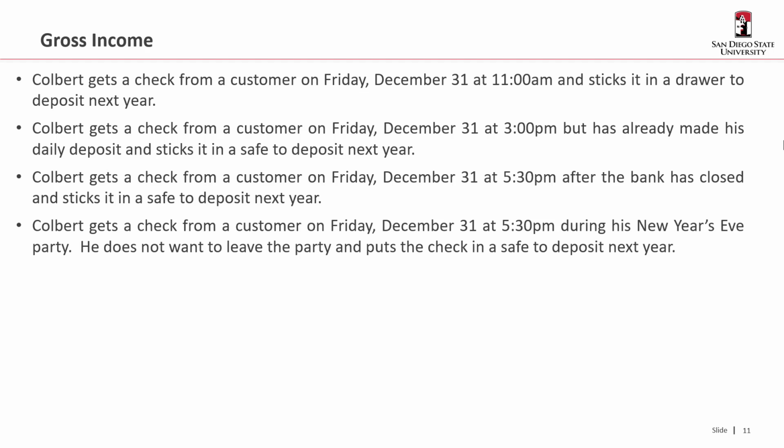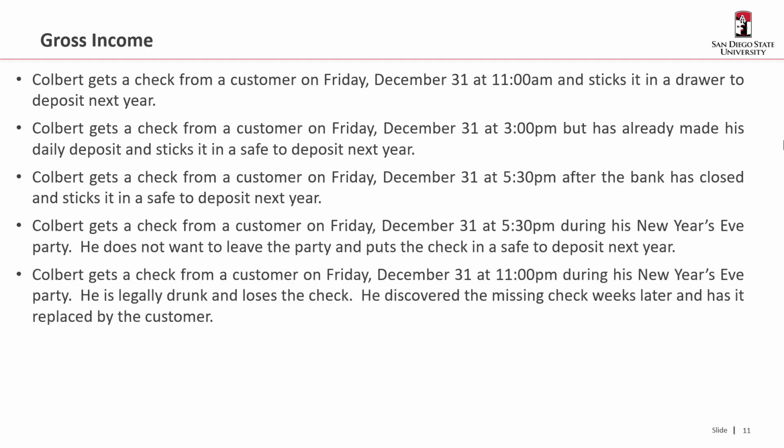So Colbert gets a check from a customer on Friday, December 31st at 5:30 p.m. during his New Year's Eve party. He doesn't want to leave the party and puts the check in a safe. Yeah, by now you've probably determined, you got it, that is constructive receipt. Colbert gets a check from a customer Friday, December 31st at 11 p.m. during his New Year's Eve party. He is legally drunk and loses the check.